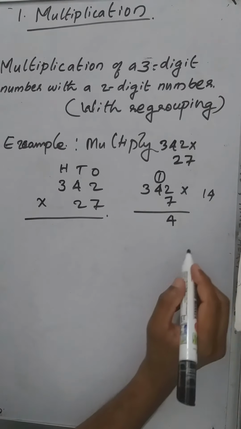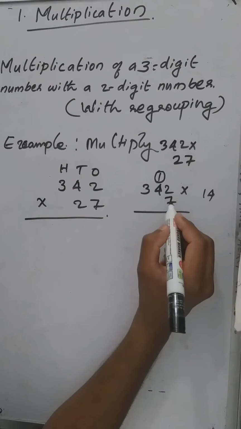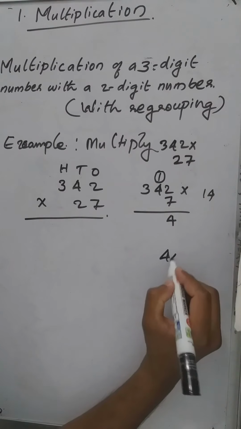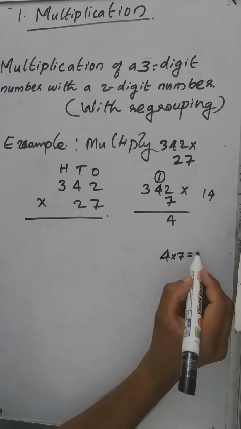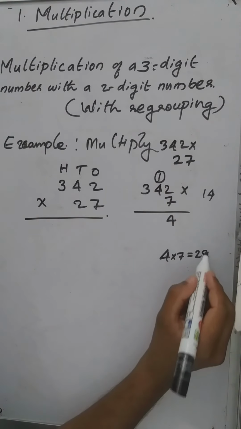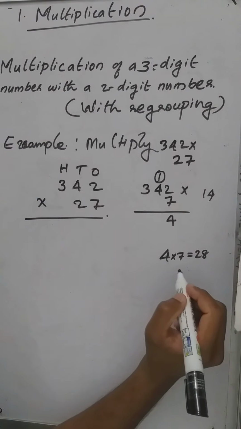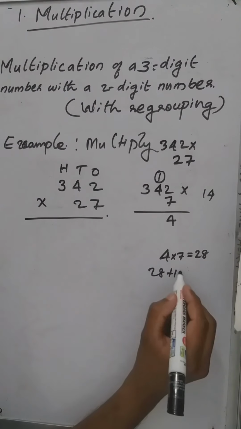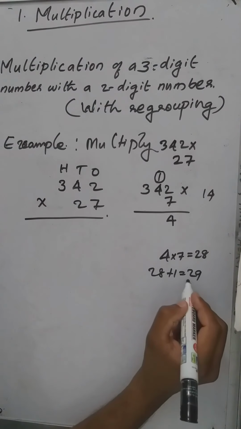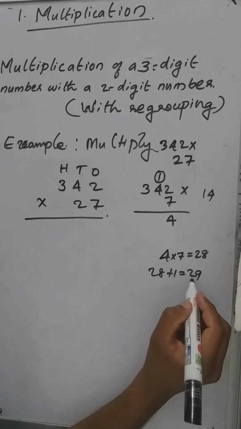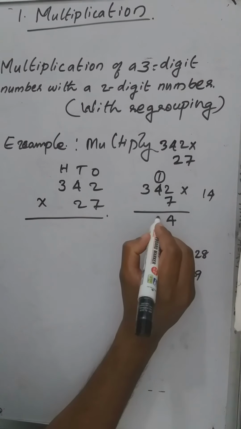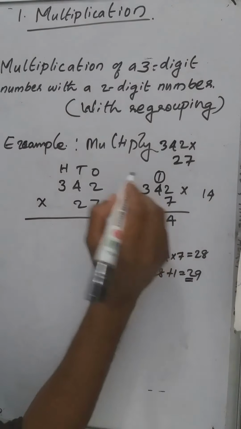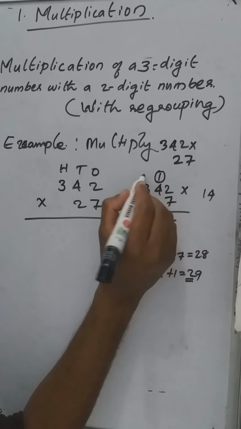14 ones, that means 4 we have to take and 1 we can regroup into this tens place digit 4. Then you multiply 4 into 7. 4 7s are, what is 4 7s? 4 multiplied by 7 is equal to 28 we will get. Then we have to add 1 to the 28. So it will be 28 plus 1 is equal to 29. So 29 hundreds. That means 9 hundreds, and this 2 we regroup into this 3.